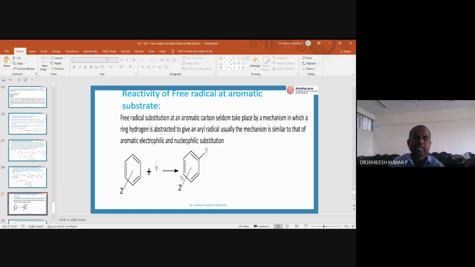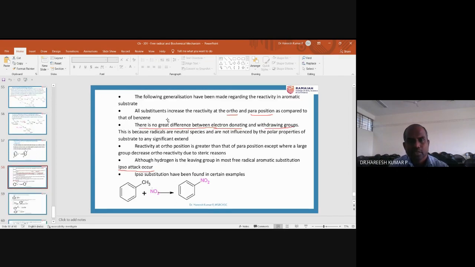So let's look into the characteristic features of electrophilic substitution free radical reactions. The following generalizations have been made regarding reactivity in aromatic substrates. All substituents increase the reactivity at the ortho and para positions as compared to benzene.